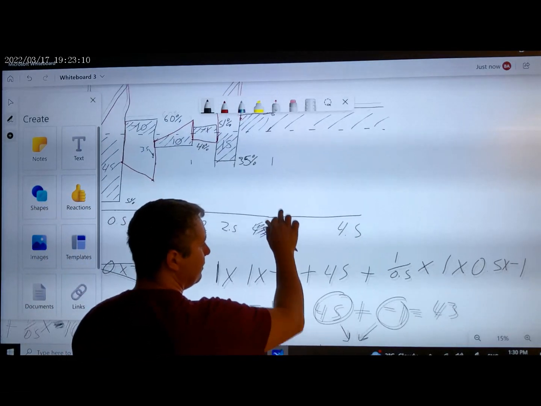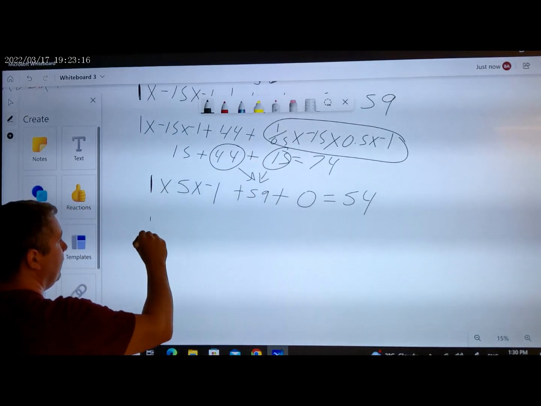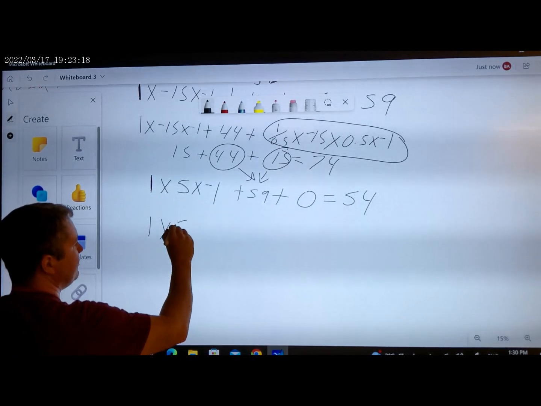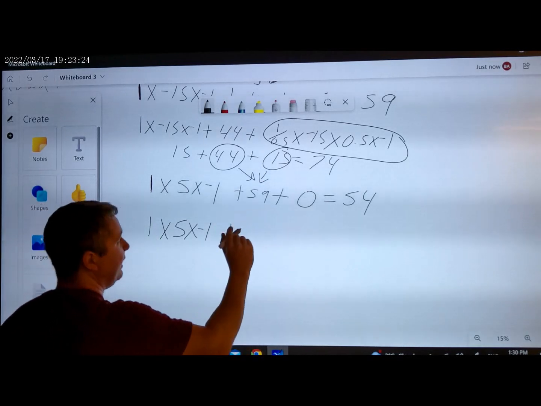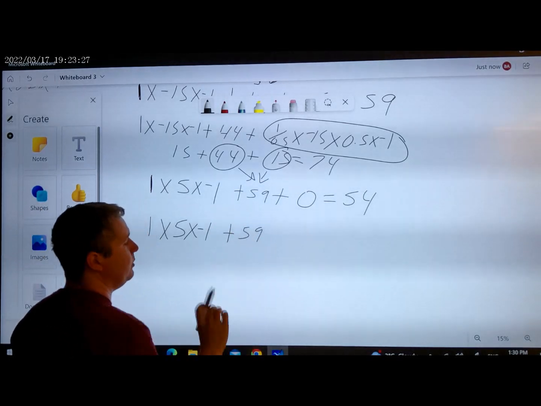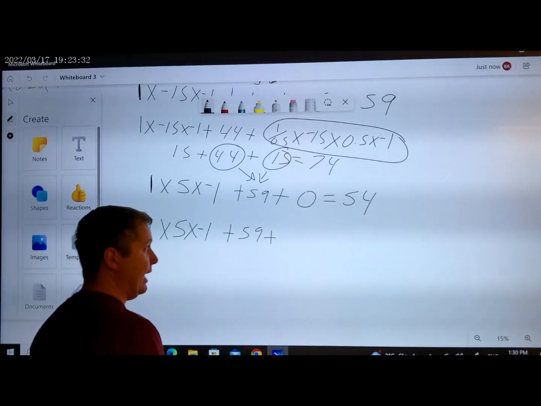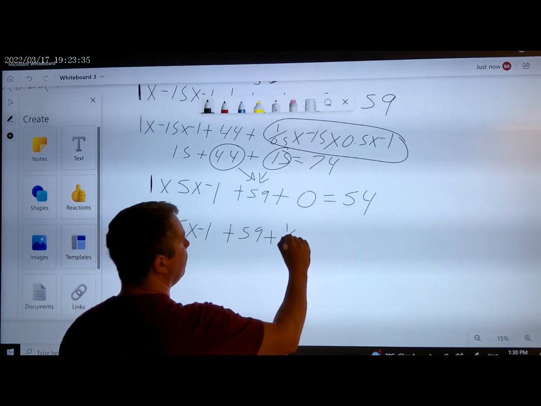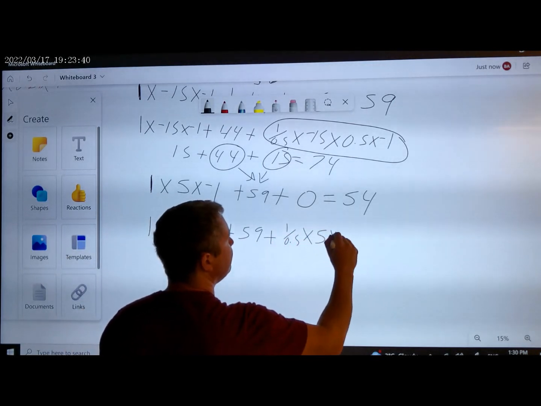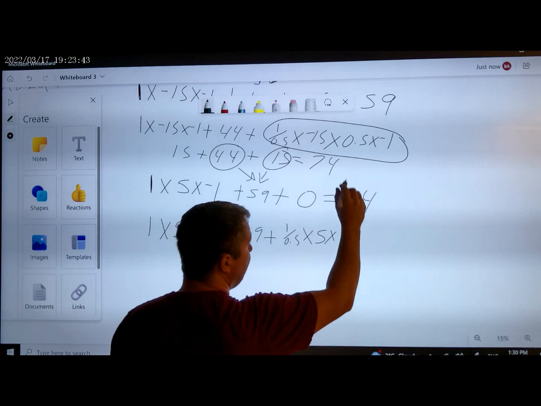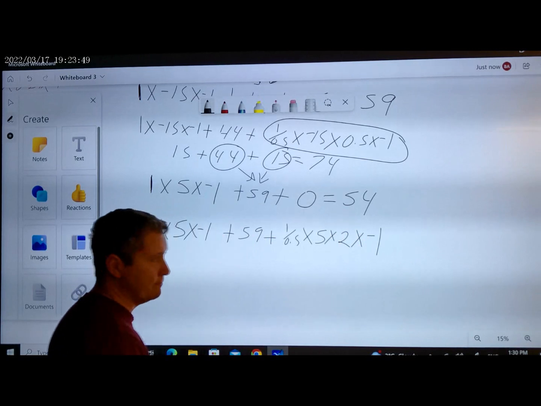So now we have to go 1. That's our proportional gain, times our error of 5, times reverse acting, plus 59, which is our cumulative integral at this point, plus our new integral that happened, which is 1 over 0.5 times our error of 5 times our time of 2 minutes times our reverse acting.